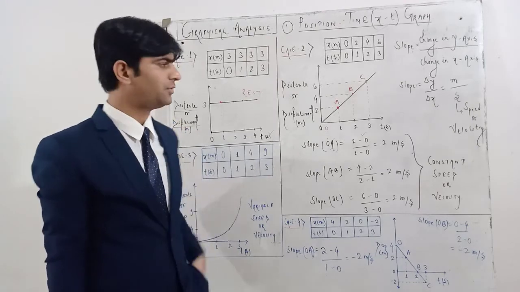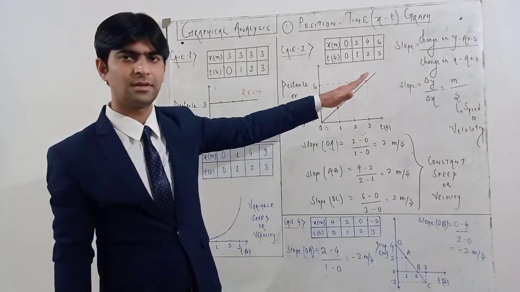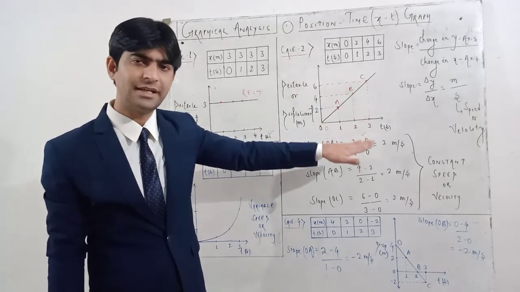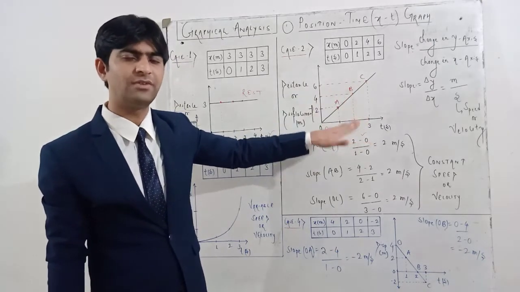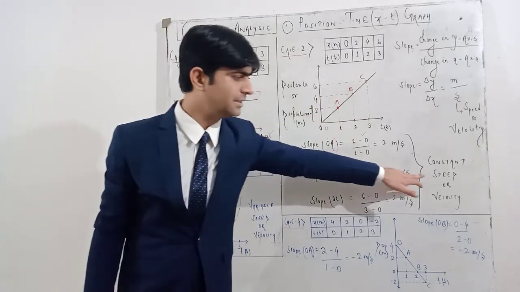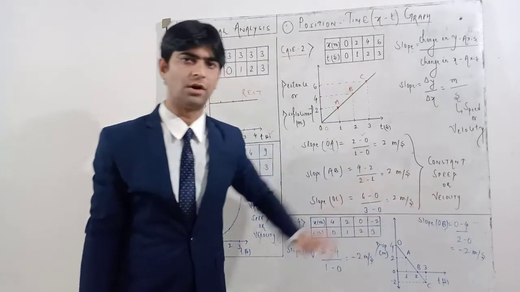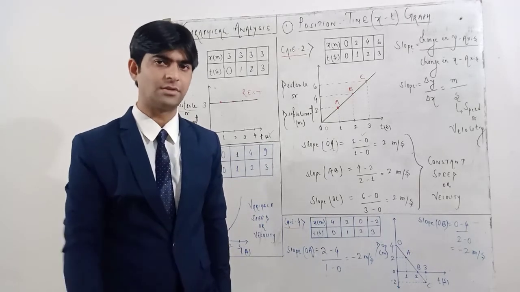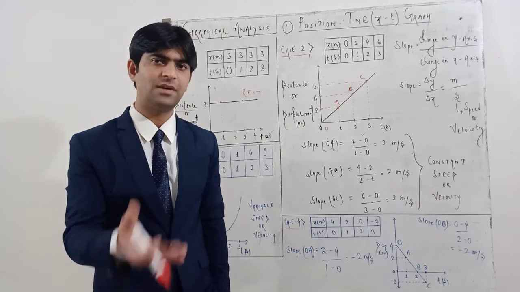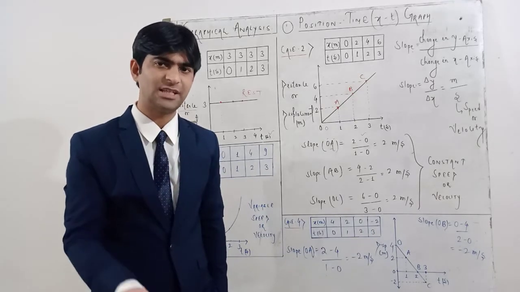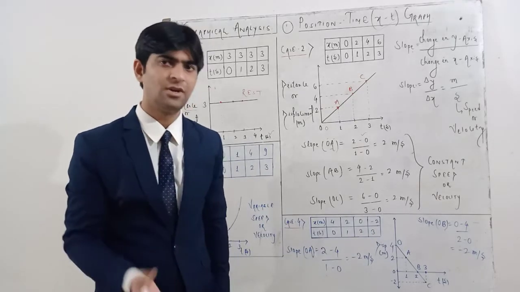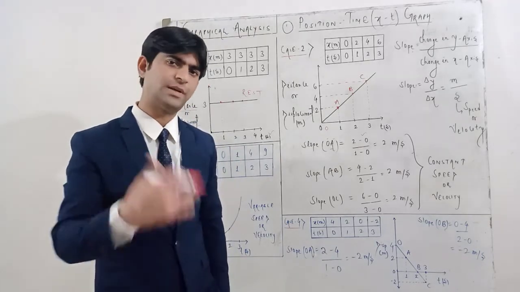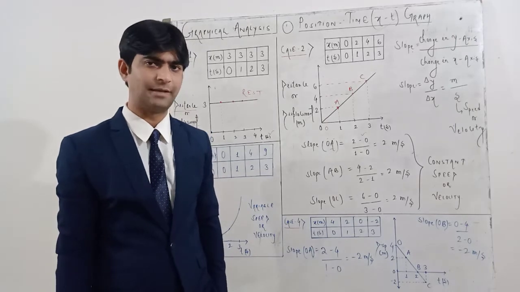If you get a straight line in a distance time graph or a displacement time graph, it indicates the body is moving with constant speed or constant velocity, uniform speed or uniform velocity. For a distance time graph you say speed; for a displacement time graph you say velocity. For unidirectional motion, distance and displacement are the same, so speed and velocity also become the same.